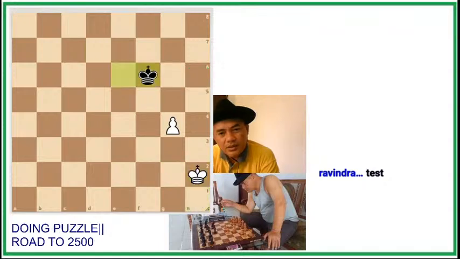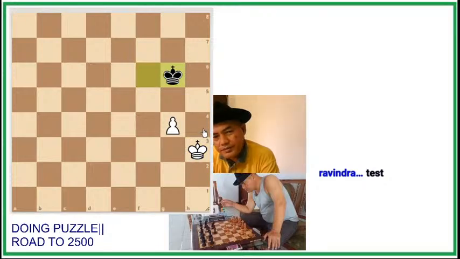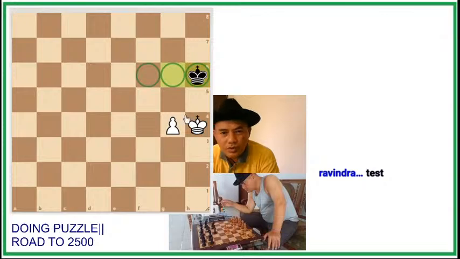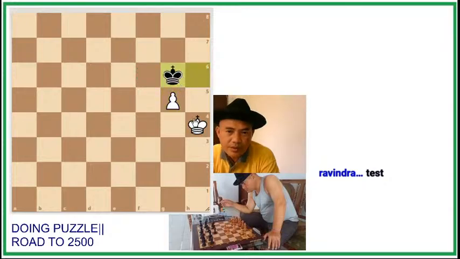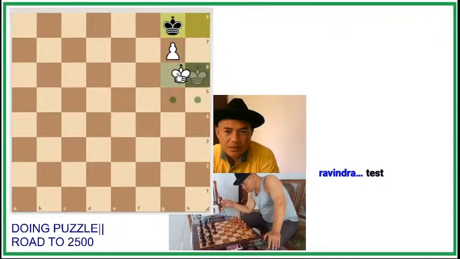Then this is also a draw. Black gets the key square, and so there's no way for white to win this. This is a draw and a stalemate by doing the opposition, and it's a stalemate.